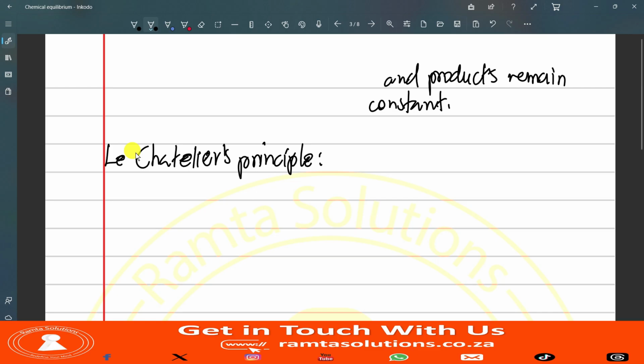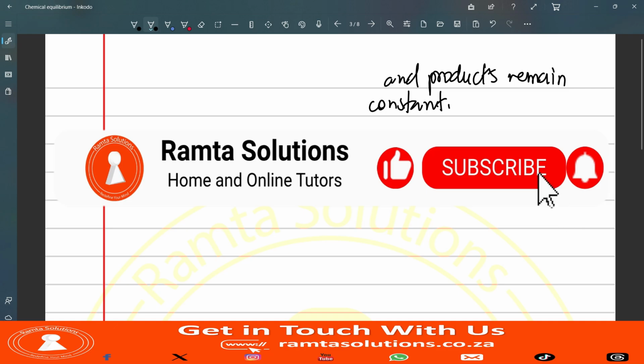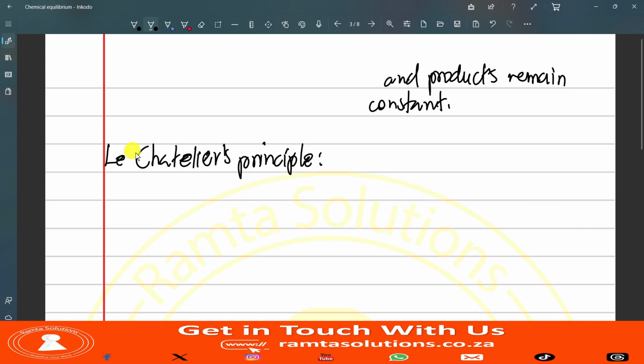Because systems like remaining the same, they will try to create a new equilibrium, might be higher or lower than the previous one. When you disturb, say your disturbance is increased, the system will react by decreasing. If you decrease, the system will react by increasing.